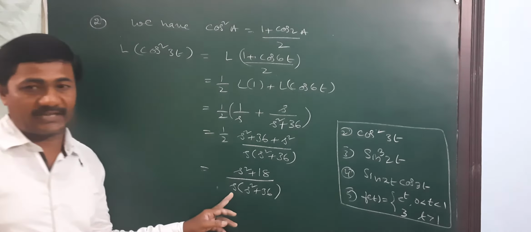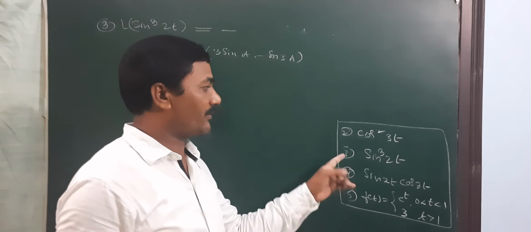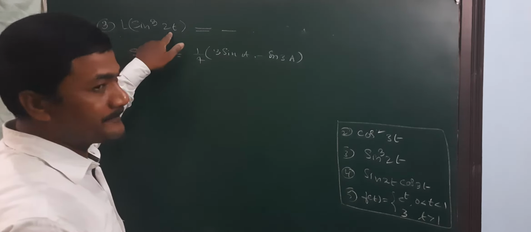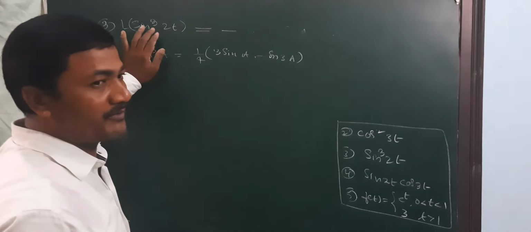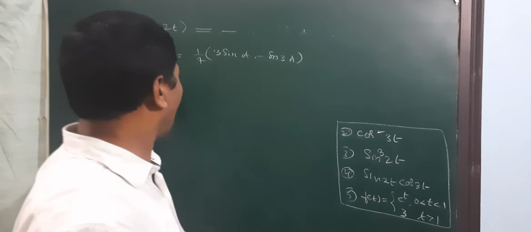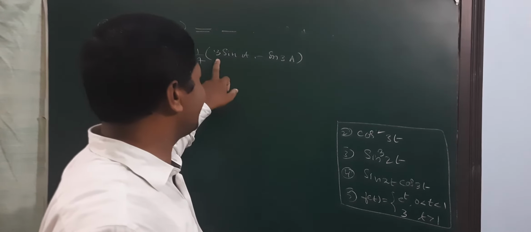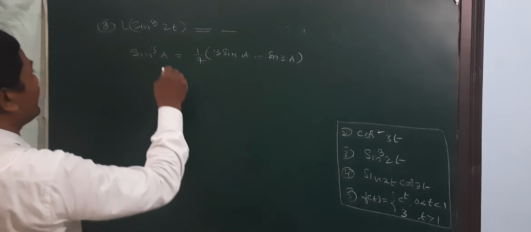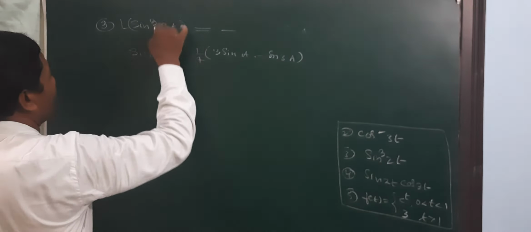Problem number 3. L of sin cube 2t. We use the trigonometric formula for sin 3a: sin cube a is equal to 1 by 4 into 3 sin a minus sin 3a. In this case a means 2t.